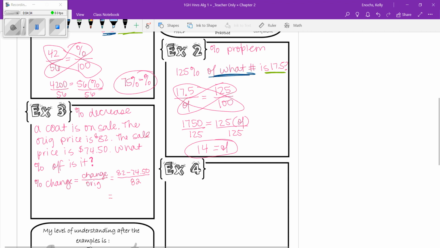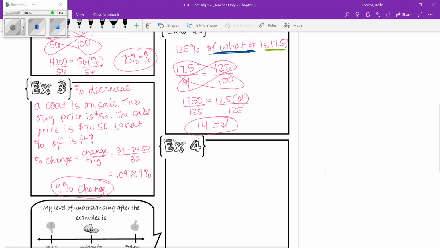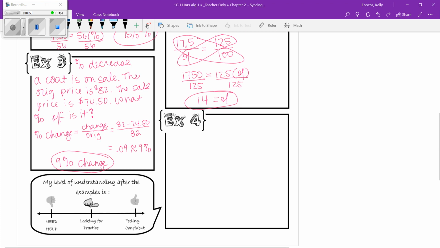That tells us the amount of money they took off divided by 82 will end up being approximately 0.09 or 9% change. Okay. So again, remember it's a positive value, but we're decreasing the price by 9% because it's on sale.